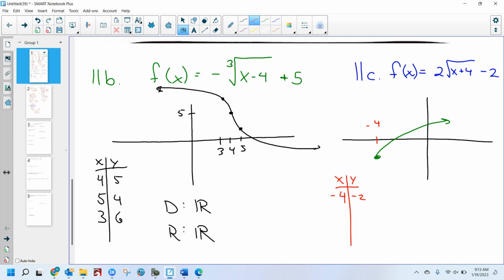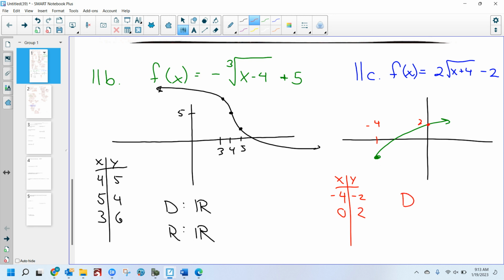What's another good number to type in? How about x is 0? 0 plus 4 is 4, square root of 4 is 2, times 2 is 4, minus 2 is 2. And so forth. You can keep going.